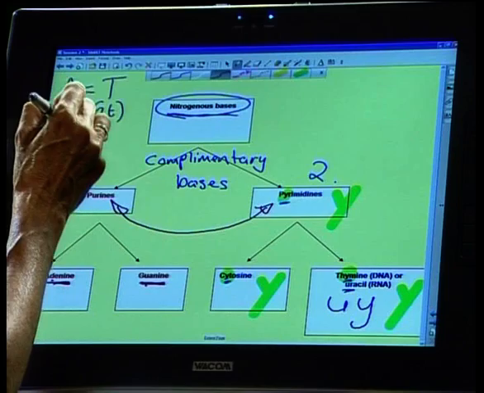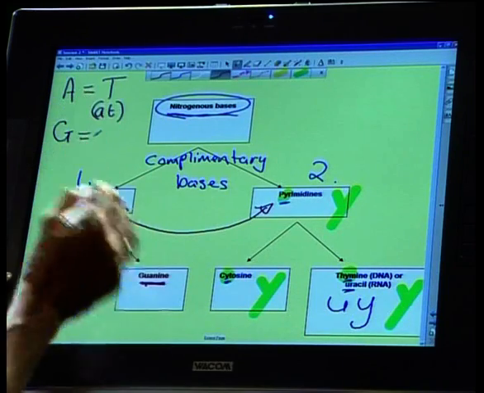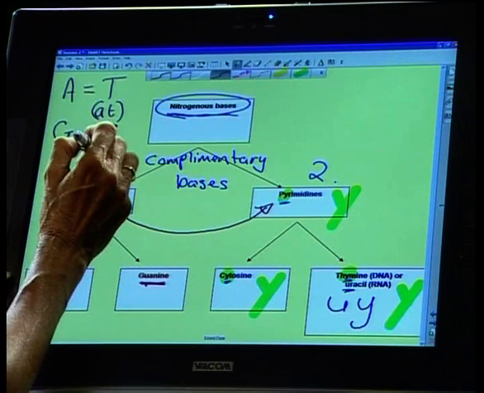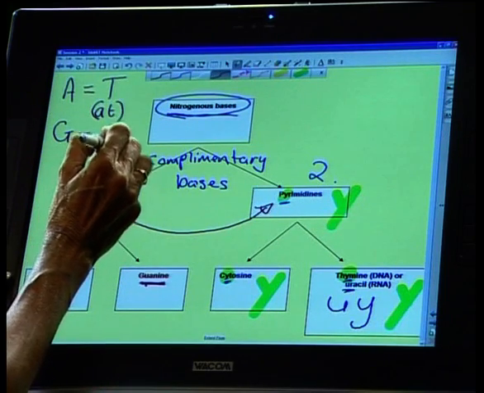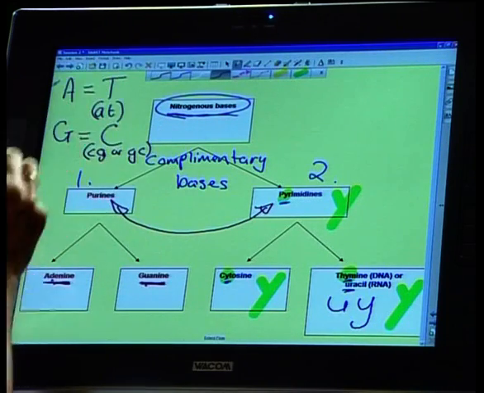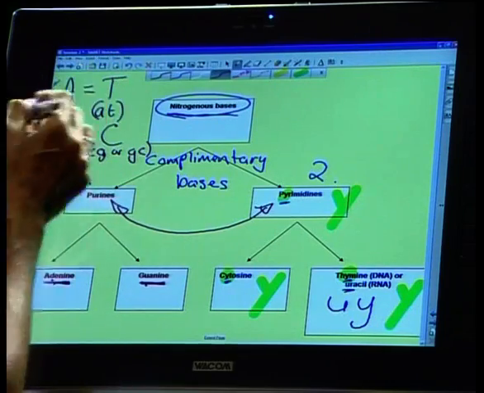Your purine, adenine, will always combine with thymine. So remember the word at. Okay? And your guanine will always combine with cytosine. So it's always C to G or G to C. And your adenine to thymine will always be A to T or T to A. But remember the word at.